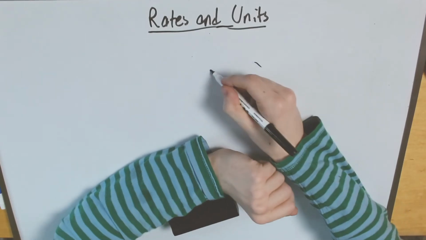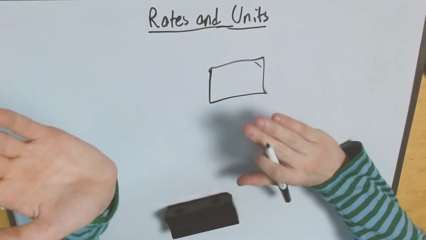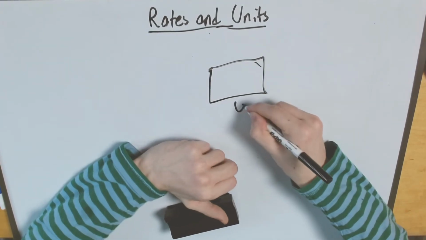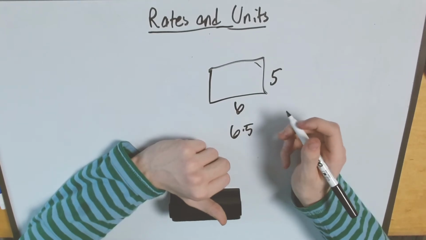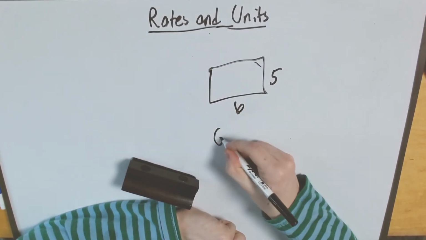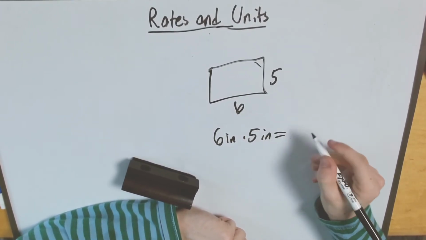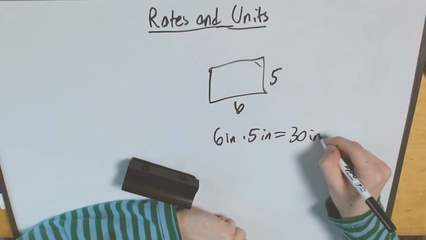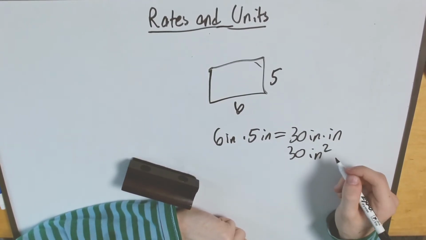And if I'm dealing with 2 dimensions, let's say I just wanted to find the area of the base of that sandbox, which is 6 and 5. I could say 6 times 5, but if I think about my units, what I'm really doing is multiplying 6 inches times 5 inches, which is the same thing as 30 inches times inches, or 30 inches squared.